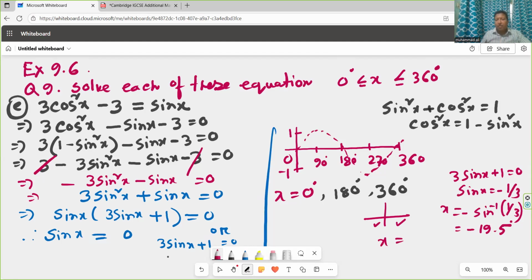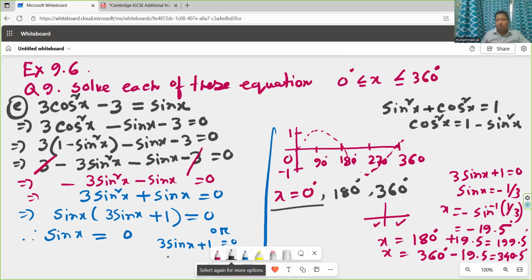To find the result in the third quadrant, we add 19.5 to 180 degrees, so it will be 199.5 degrees. For the other one, from 360 degrees we subtract 19.5, so it will be 340.5 degrees.